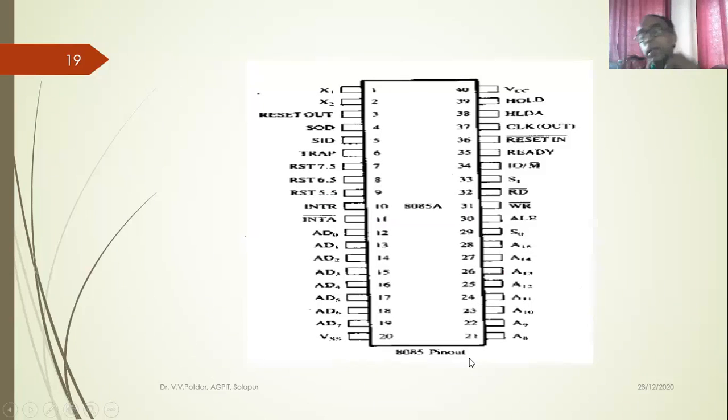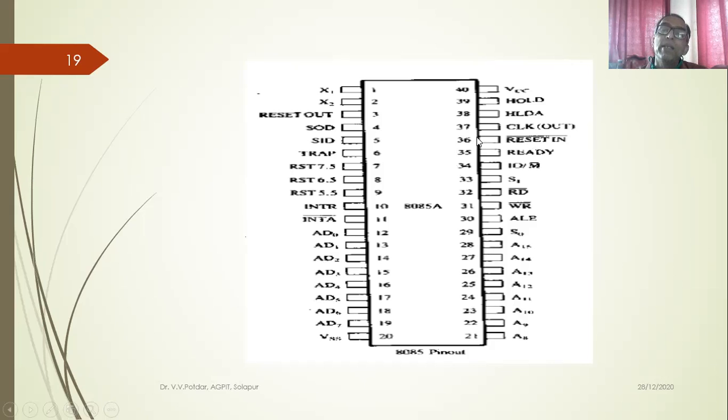This is also called a pinout or pin diagram. As I said, 40 pins will be there, 1 to 20 on one side and 21 to 40 on the other side. VCC is the supply voltage that is given to this processor chip. Then you have reset pins, you have address pins, address plus data AD0 to AD7, address pins 21 to 28, address alone.